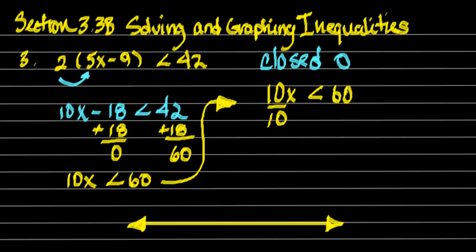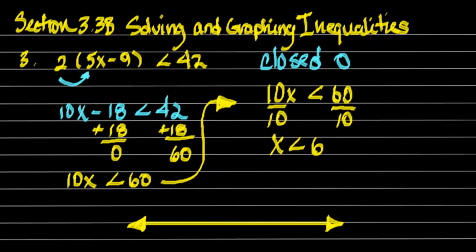And if I do it to this side, I have to do it to the other side to keep my algebra balanced on each side. So now it simplifies to x is less than 60 divided by 10 is 6. So x is less than 6.